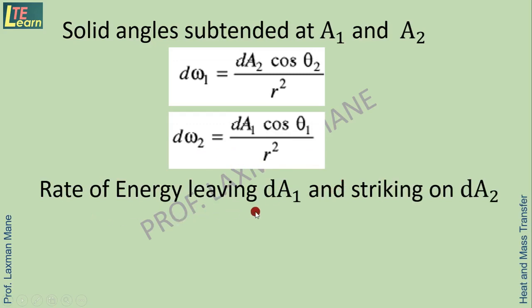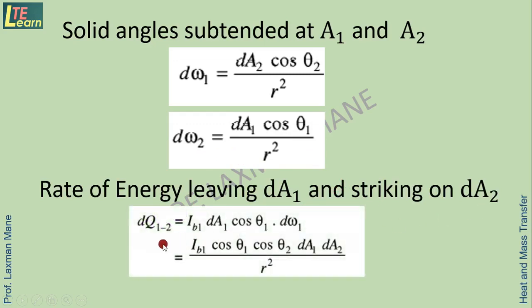Now the rate of energy leaving elementary area dA1 and striking elementary area dA2 is written as dQ1-2 is equal to, in this way. Now for d omega 1, the solid angle, we can put this expression in this equation, so we get this equation.